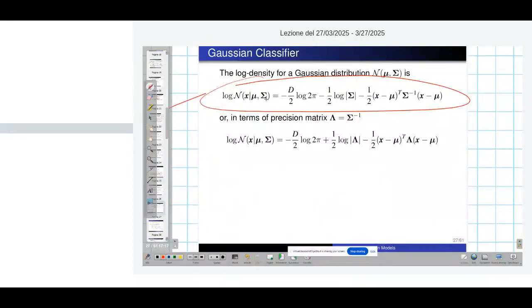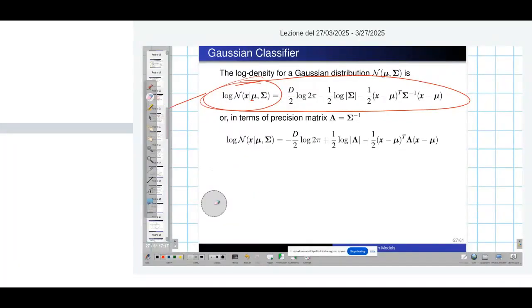So we go back to a density estimation problem. We have a set of samples which are characterized by a Gaussian density with mean mu and covariance sigma, and then we want to find the maximum likelihood fit. Then we will repeat this for each class, and that, when we do a classification task, will lead us to find mu1 sigma 1, mu2 sigma 2 for the different classes, and so on.